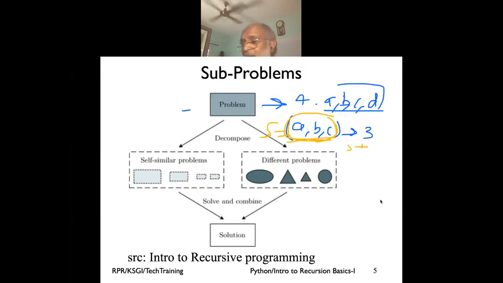So what I've done is, given a problem of size 4, I decrease it to a size of 3. Then I decrease it to a further size. I go to the smallest size, which is easily solvable.